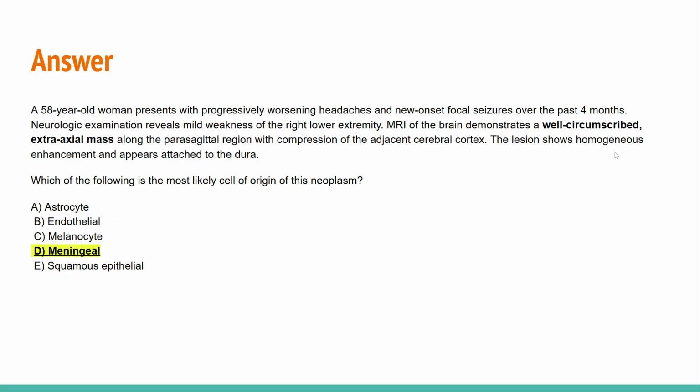It's a homogeneous enhancement as well, and it's over the past 4 months. That means it's very progressive, slow symptoms. And then remember that meningiomas arise from arachnoid cap cells, which are part of the meninges, and that they grow outside the brain tissue.